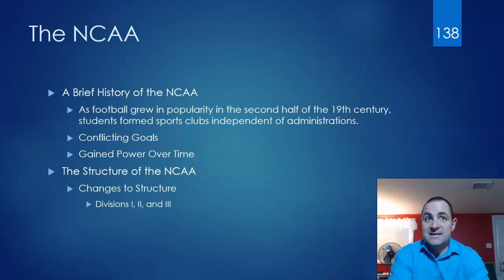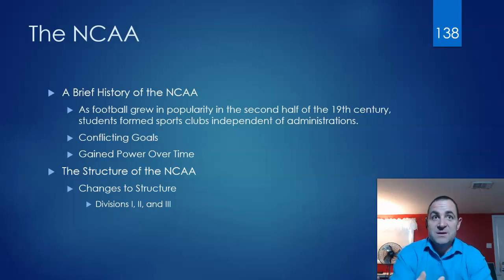In 1973, it went from one league of equal partners to three. So you had Divisions 1, 2, and 3, which still exist. The main distinction between these was the rules that govern recruiting and financial aid.